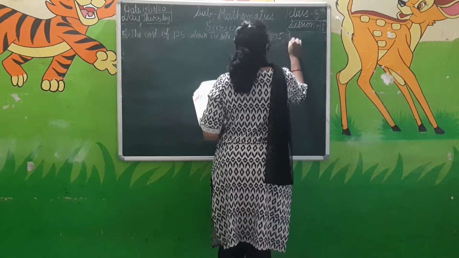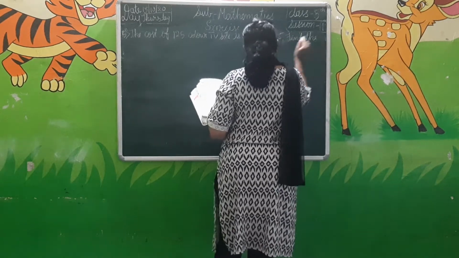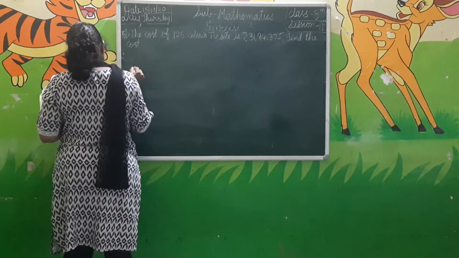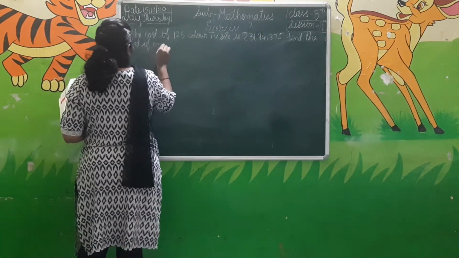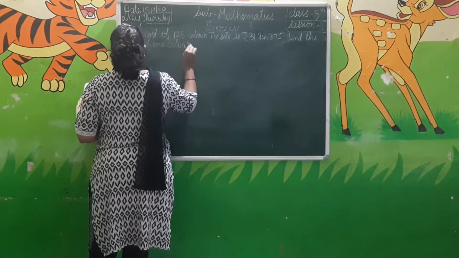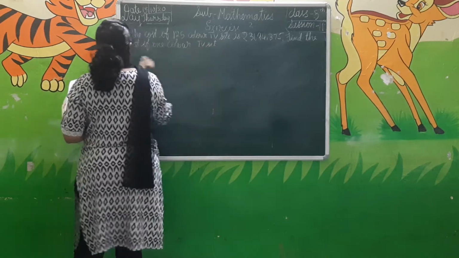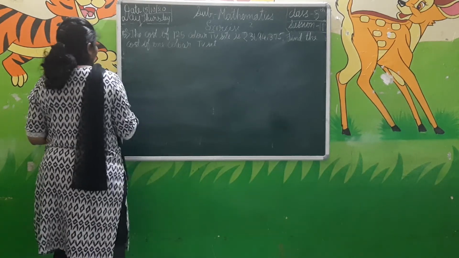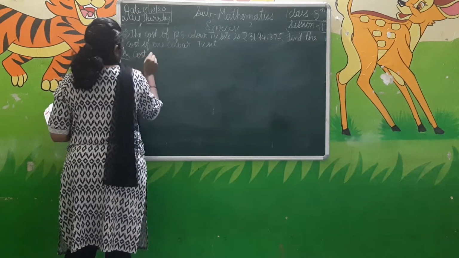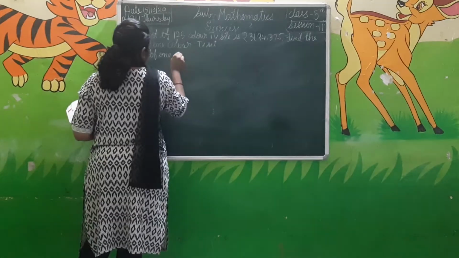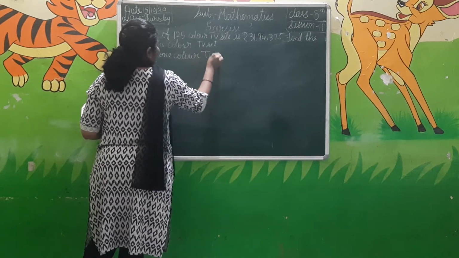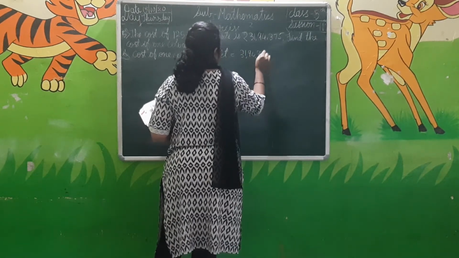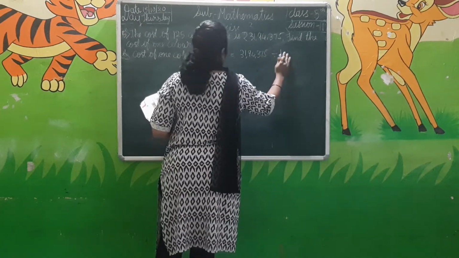Find the cost of one color TV set. Cost of one color TV set is equal to 31,94,375 divided by 125.